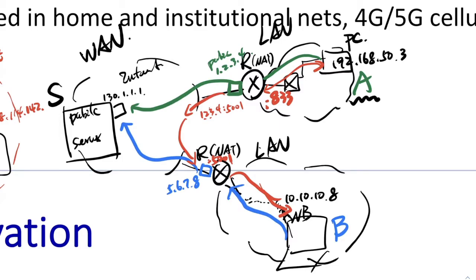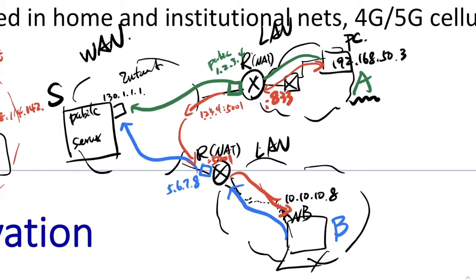They are both in their own private LAN, and their private LAN has a router serving as a NAT server, and they both have a private IP and a public IP address. And think about there's another host S, which is a public server, so it has a public IP address.